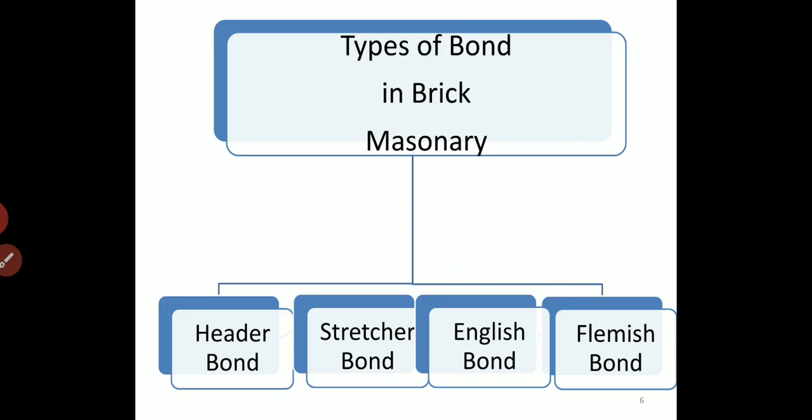A bond makes a rigid wall structure. Also, it increases the compressive strength of masonry. It distributes the load uniformly over a large area of the wall.